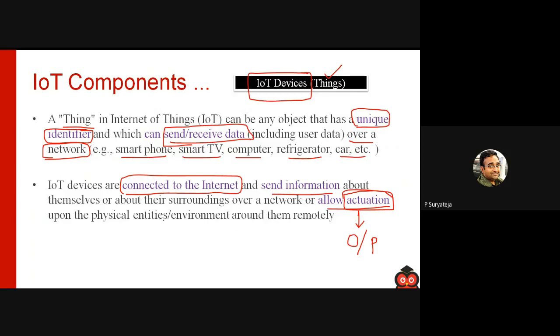So using actuation, we can control physical entities or the environment remotely from somewhere else. You are controlling any other physical devices using actuators.